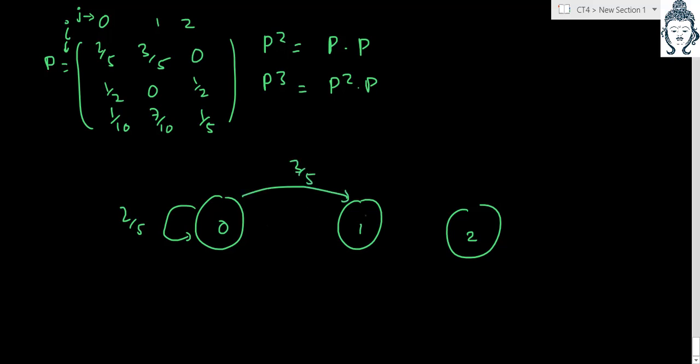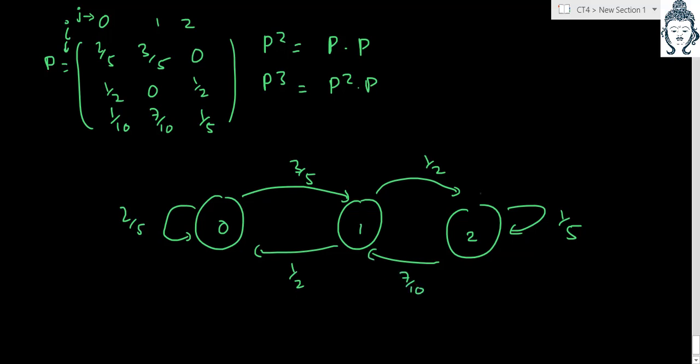Similarly if you're in 1, you can go back to 0 with a probability of half, and you can go to 2 with a probability of half. And if you are in state 2, you can stay in 2 with a probability of 1 by 5. You can go to 1 with a probability of 7 by 10.